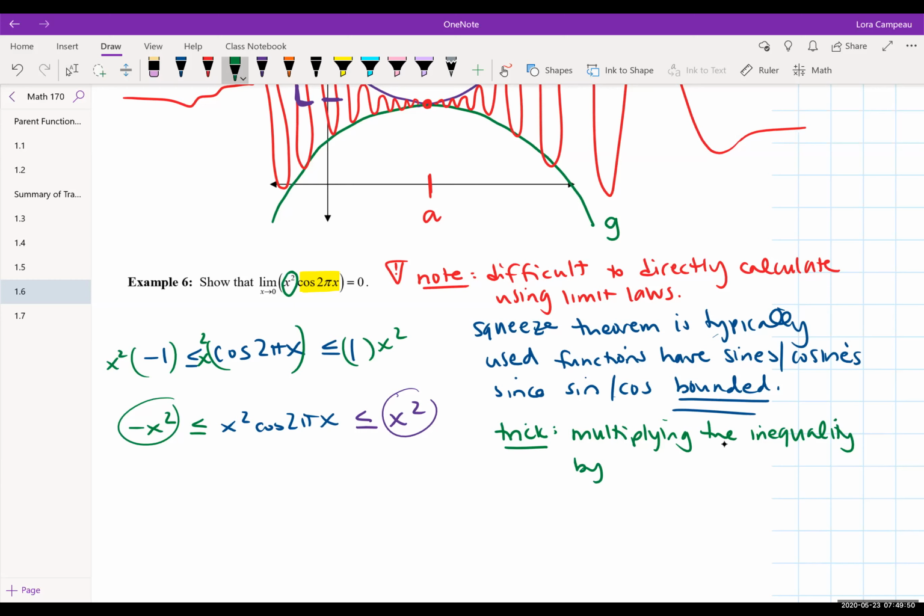and sometimes we talk about a number or function that will not change the inequality. So we don't want to change the direction of the inequality.